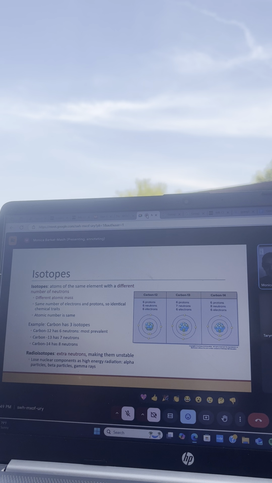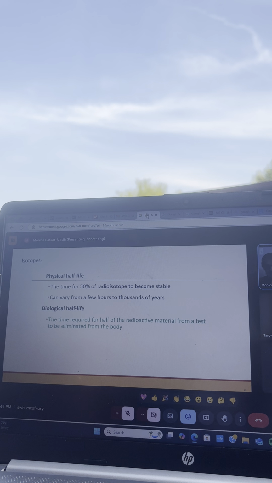That's one example here, and these isotopes are used in medicine a lot, like radiotherapy and even the gamma knife. Lots of it is used in medicine. So know what is isotope.